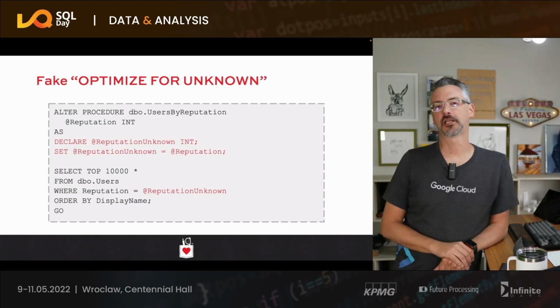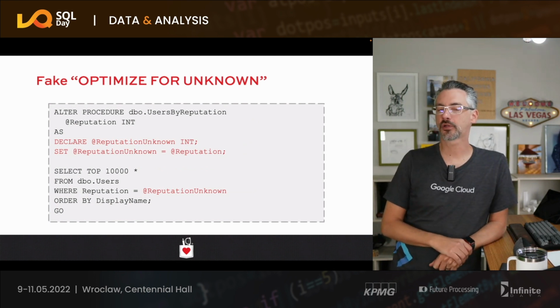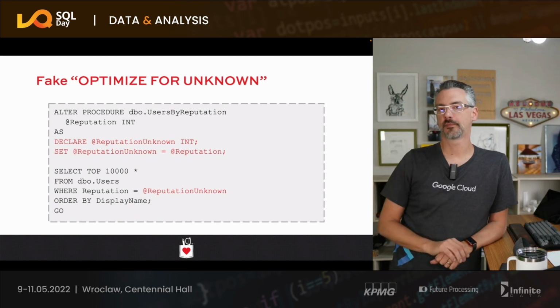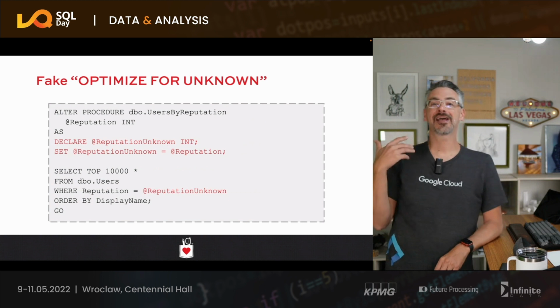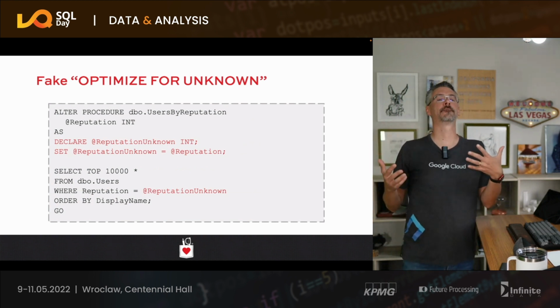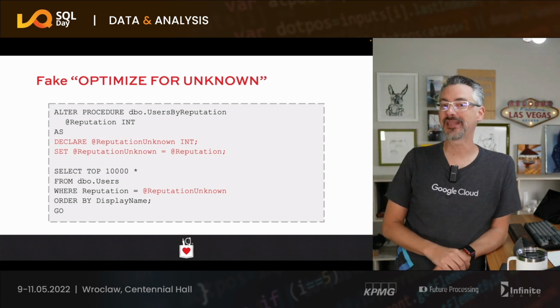Next up is declaring a local variable at the top of your code. When you declare a local variable at the top of your code and then you set it to be the same as the outside variable, SQL Server has no idea what the contents of that variable will be at runtime.